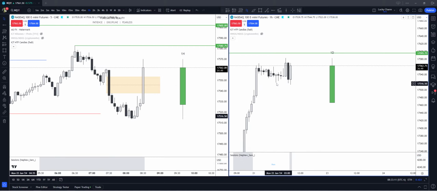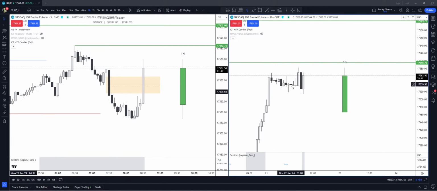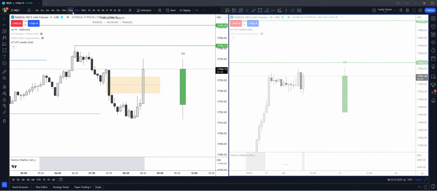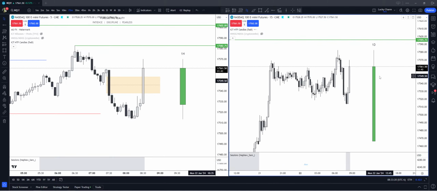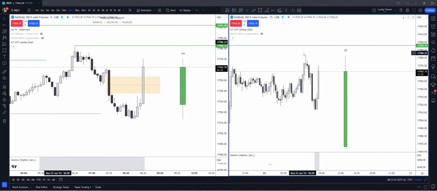So right now the hourly value gap is that parent, right? That's what we're rejecting off of. Go down into a 15-minute chart in here.